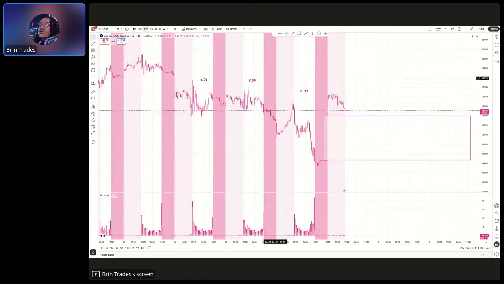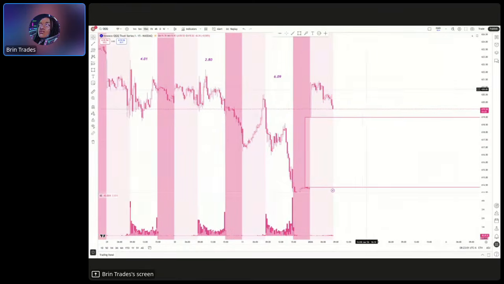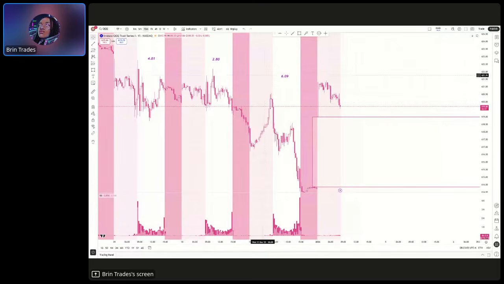So it's an average of $4 per move, and I have 5 price targets. So that's going to be 80 cents or 85 cents a move. To the upside, there's a psych level right here at 620.